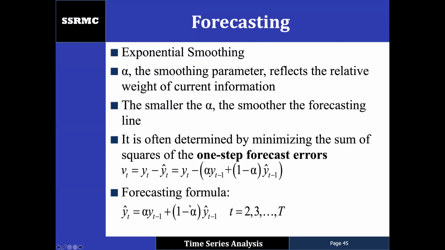The forecasting formula, of course, is like this. So you just need to find out the value of alpha through this process, the observed value in the last period, and the estimated value from the last period based on my estimation. Then you can make a 1 period ahead forecast based on this formula.